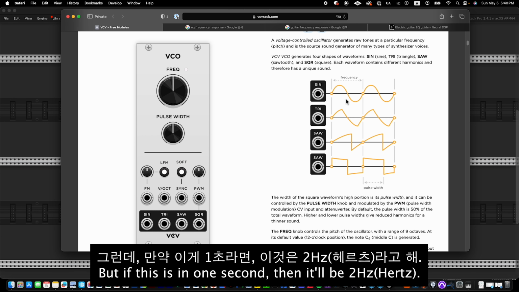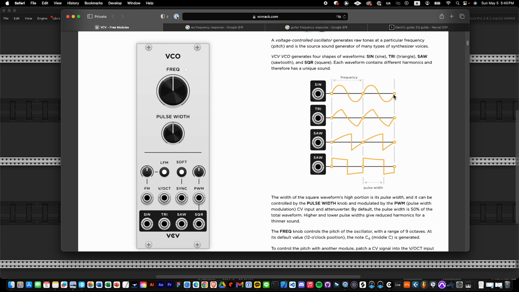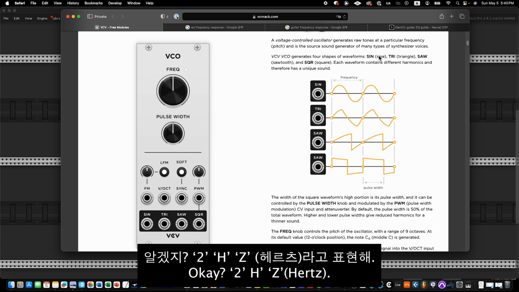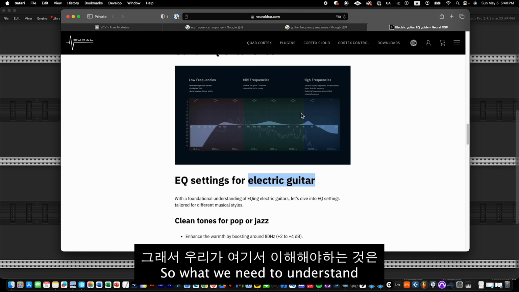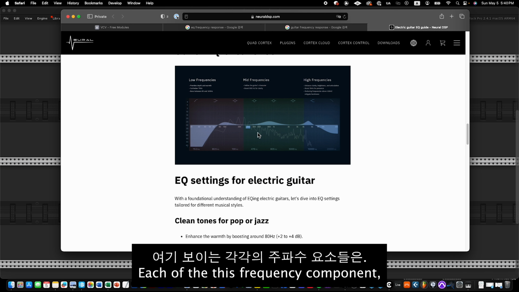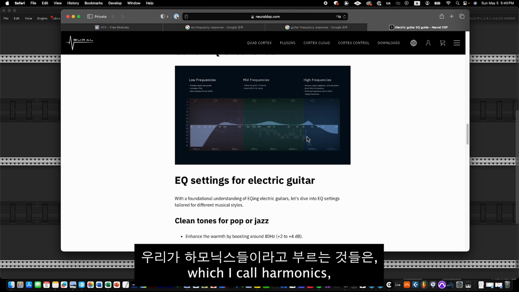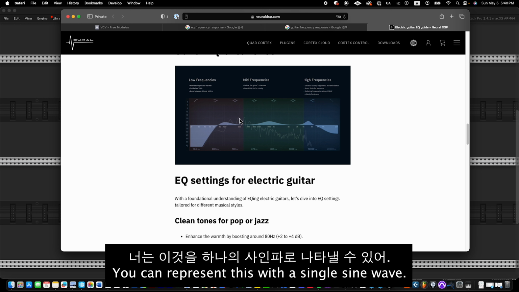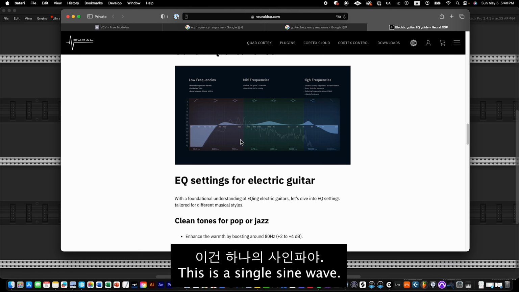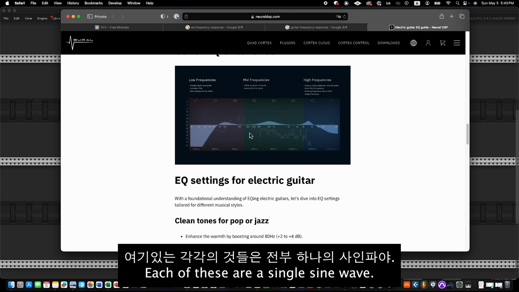But if this happens twice in 1 second, then it'll be 2 hertz. So what we need to understand is that each of these frequency components, which I call harmonics, is a single sine wave. You can represent this with a single sine wave. Each of these is a single sine wave.